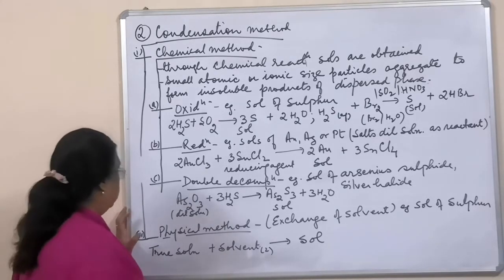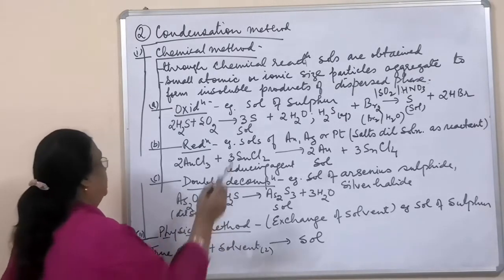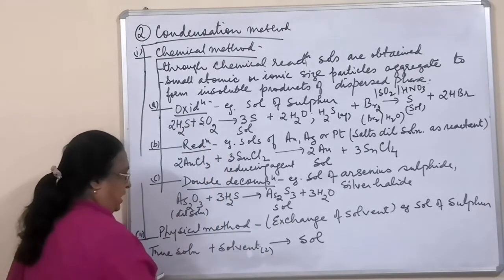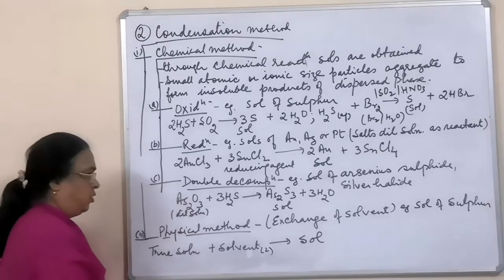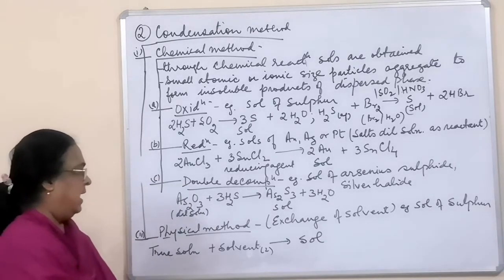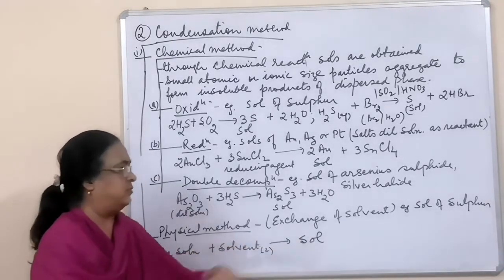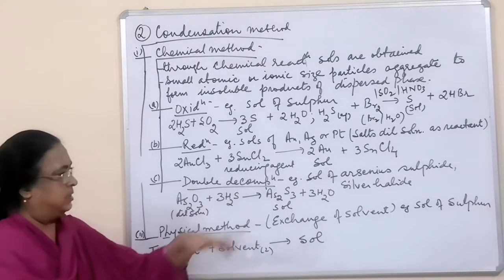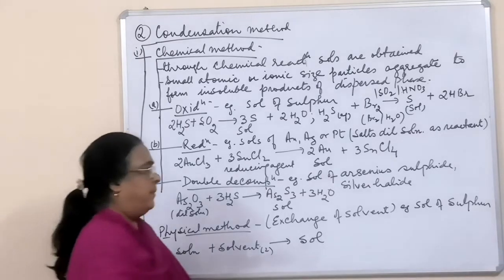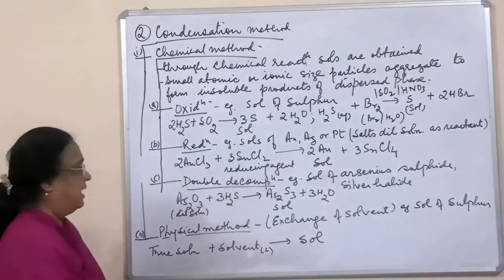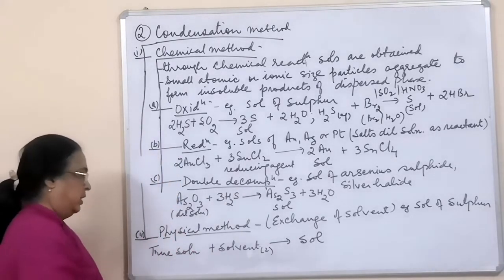Then the second method is your physical method. These three methods were chemical methods where a chemical reaction was taking place. Another method is the physical method where no chemical reaction takes place, and that method is also called exchange of solvent. So the example is sulfur sol. So sulfur which is dissolved in alcohol, and then in that we add a second solvent, water.